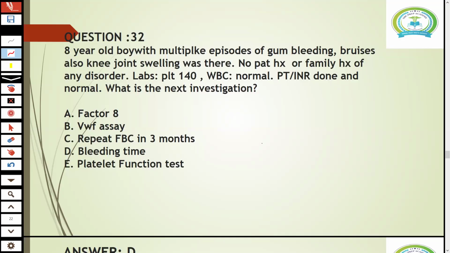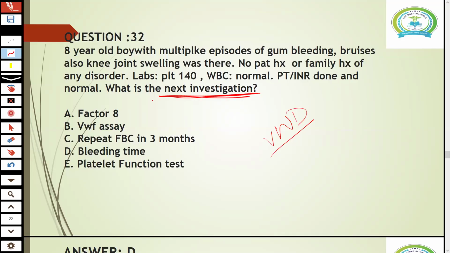But what if I say it can be hemophilia, it can be von Willebrand disease. Then anyone agrees? If we are not reaching the complete diagnosis, if we say differential diagnosis, what would be the initial or next test that will differentiate?